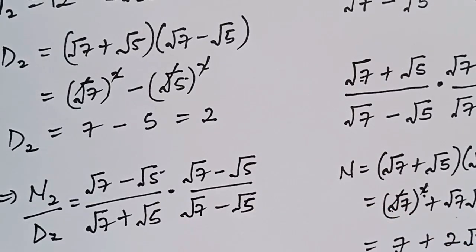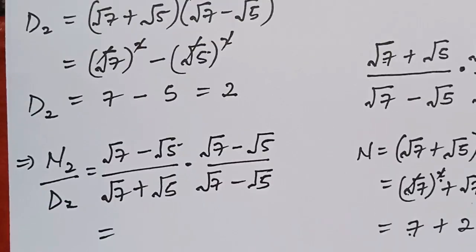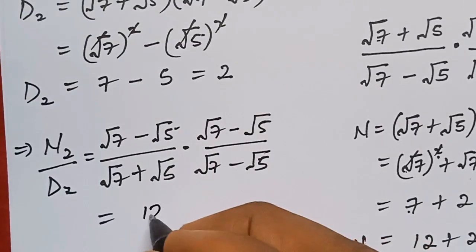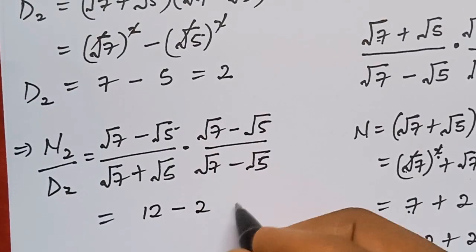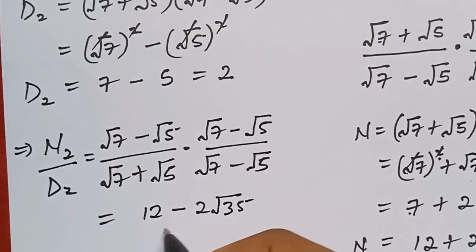So the resulting answer from our simplification is 12 minus 2 square root of 35 over 2.